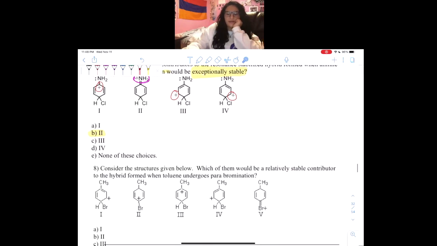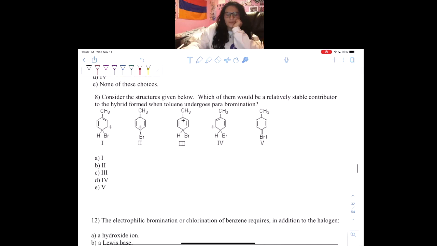For number 8, we're going to use kind of the same idea, except now our substituent is no longer a nitrogen group, it's a methyl. And so in this example, it's saying which will be a relatively stable contributor, so it's asking us for the most stable resonance structure when toluene undergoes bromination.